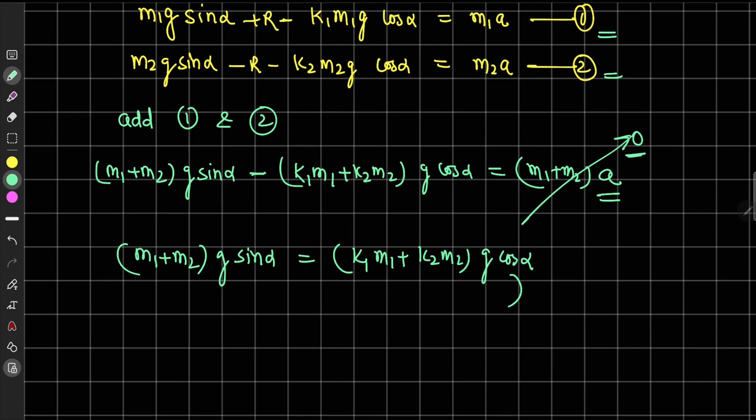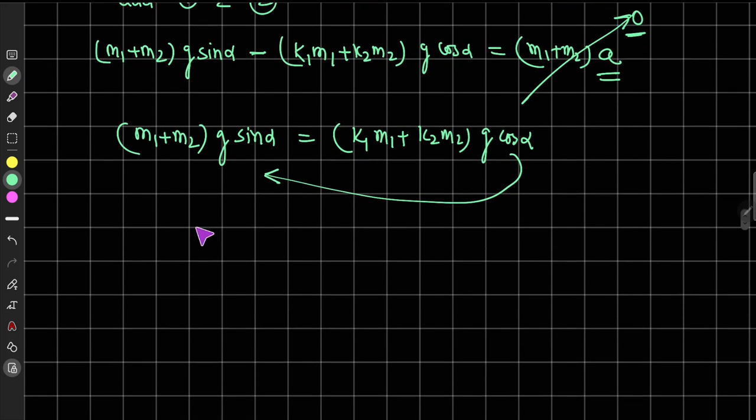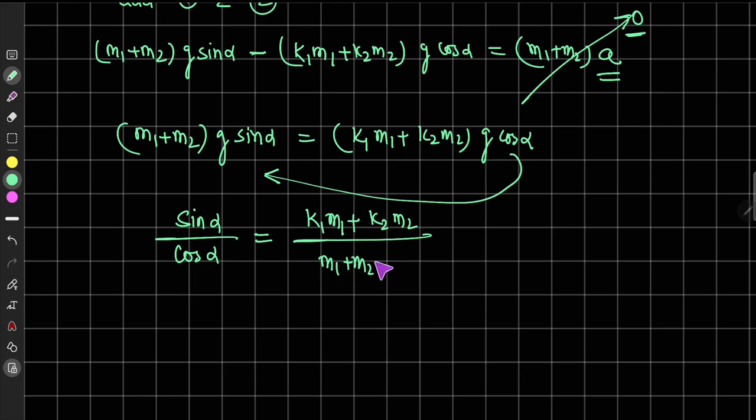Let us take cos alpha to this particular side, then we can write sin alpha divided by cos alpha equal to (k1 m1 + k2 m2) divided by (m1 + m2).